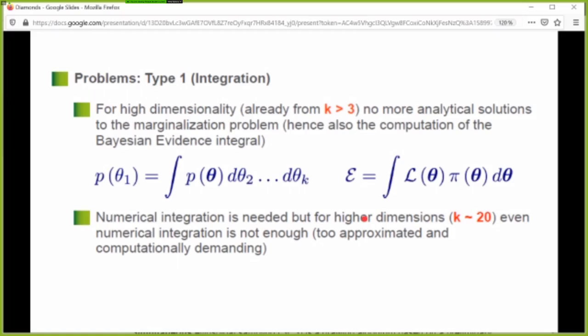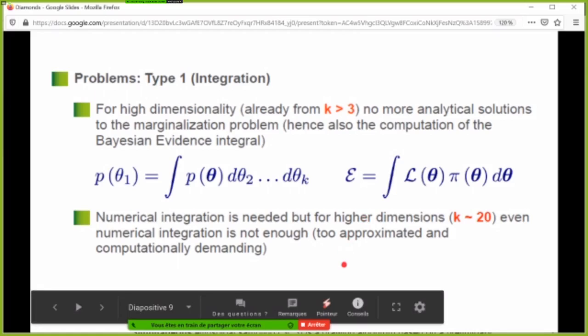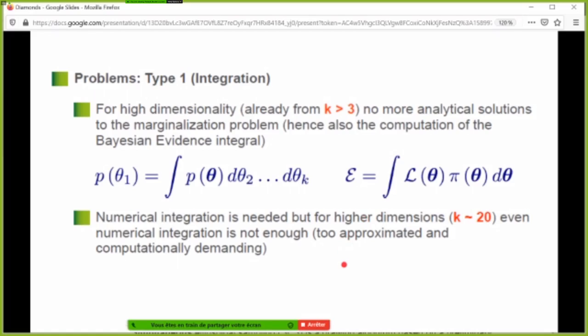So we could think, well, we could do numerical integration, but for dimensions higher than k equals 20, even numerical integration is not enough to approximate, because it's too approximate and too computationally demanding.